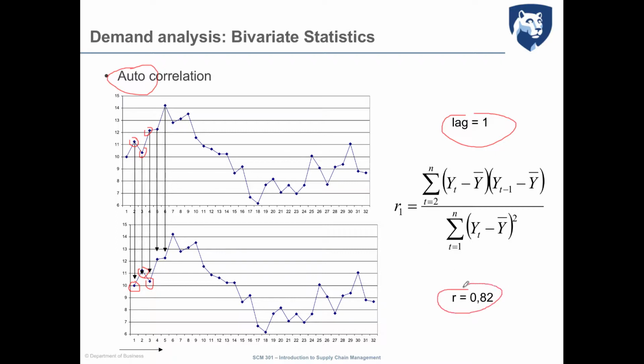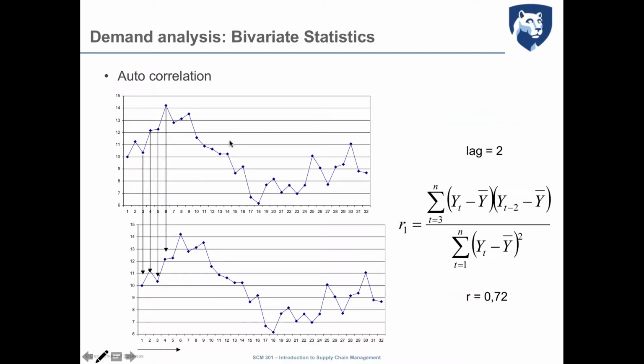Here we have seen that the correlation coefficient is 0.82. There is some correlation, which is not so strong, but some correlation exists. So it means that in our case, two following values in two following periods have some points in common across the demand data set. This is another example. I can evaluate an autocorrelation with lag equals 1.